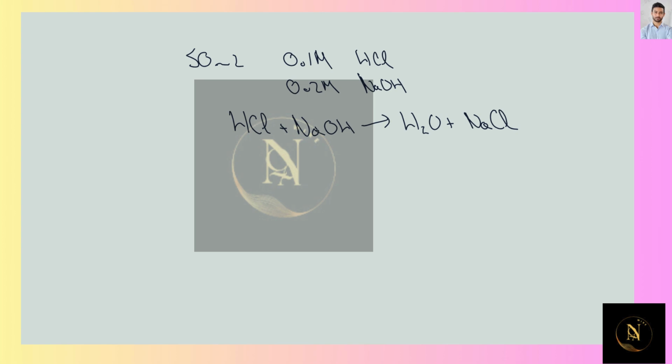So, the different cases for which we need to calculate pH are the following: the initial, after we have added 10 milliliters of NaOH, when we added 20 milliliters, 25 milliliters, and 30 milliliters of solution.